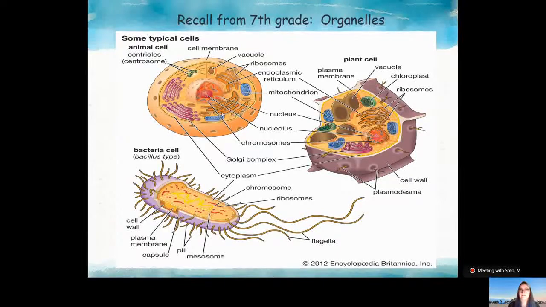We have this other area that kind of looks like the Golgi complex, but it's a different color. These are our ribosomes and the endoplasmic reticulum. So the closer we are to the nucleus, that's the endoplasmic reticulum. Farther away, that's the ribosomes.